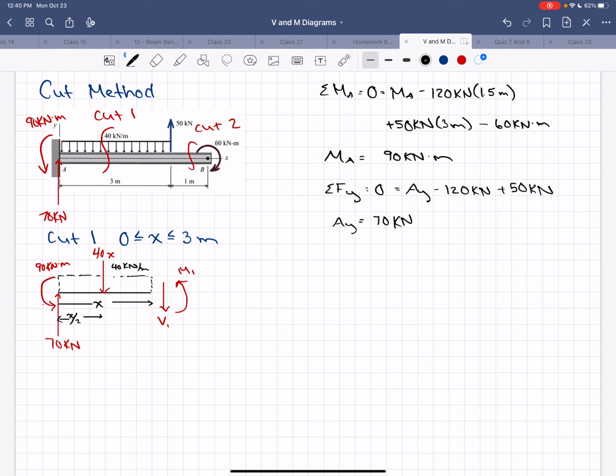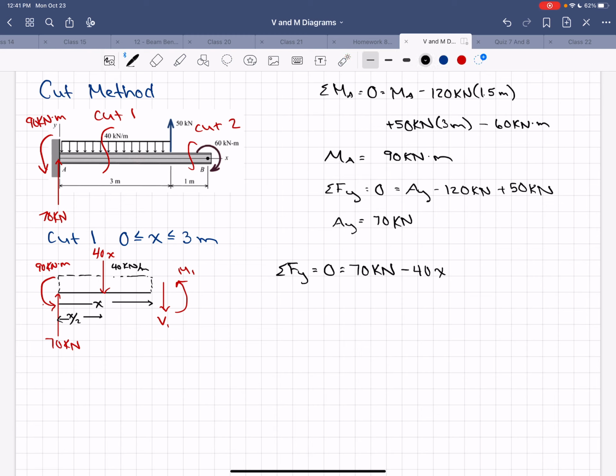Those are the two things we don't know. So we have sum of the forces in the y equals 0 equals a positive 70 kilonewtons minus 40 times x. So this is an equation for x along this section of the beam.